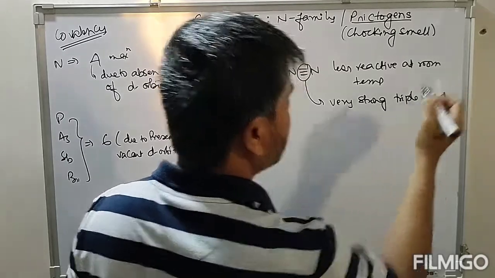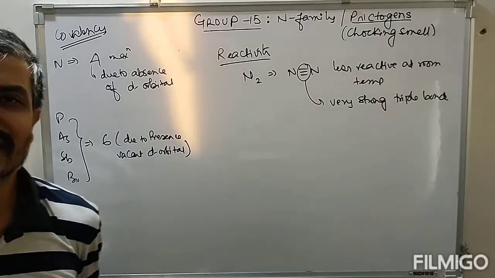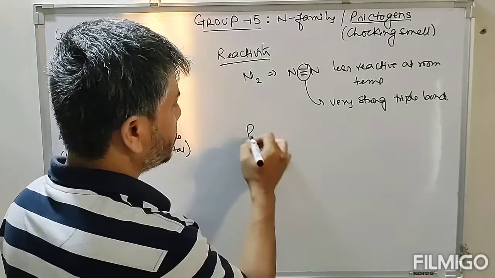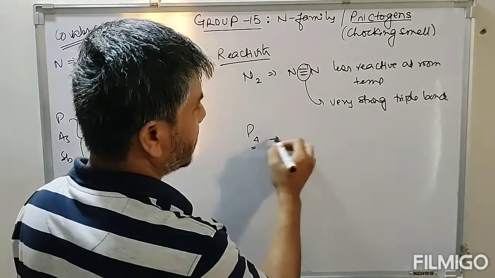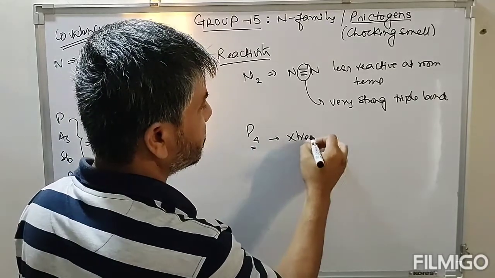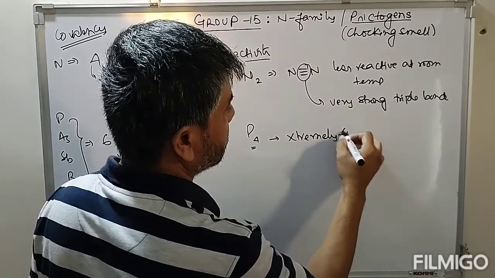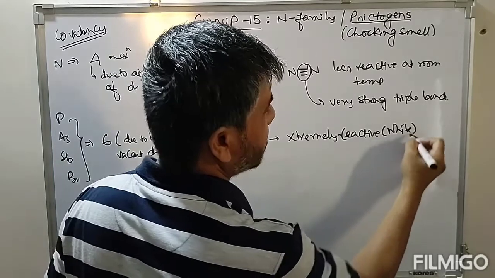We require a large amount of energy to break this triple bond. So nitrogen is less reactive at room temperature. Whereas look at P4, especially white phosphorus, which is extremely reactive. I'll tell you later.